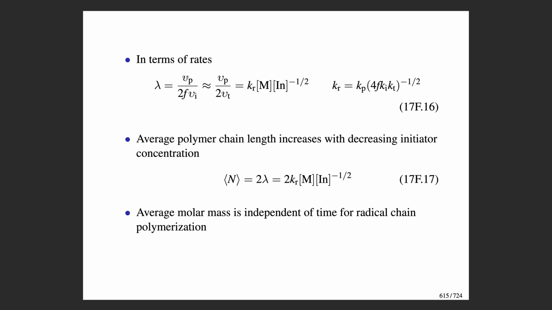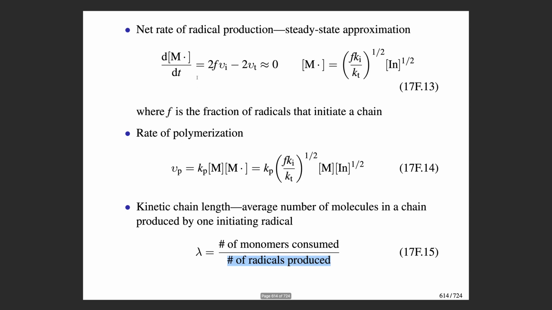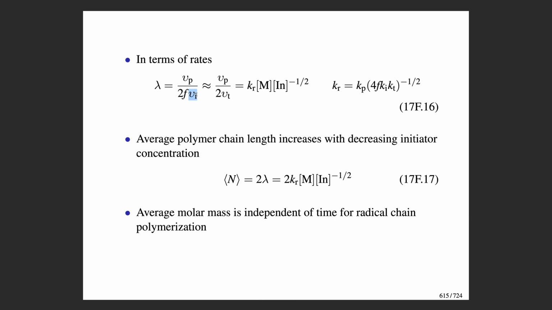It's going to be the ratio of these 2 rates, and when you substitute in the expressions that we've been working with, the expression that we derived for the rate of polymerization and the rate of initiation, which we can play around with, we get to this final result, where we see that the average chain length, which is equal to 2 times this lambda factor that we derived, does not depend upon time. It does not increase with time. It's related to the monomer concentration, and then it depends upon the amount of initiator.